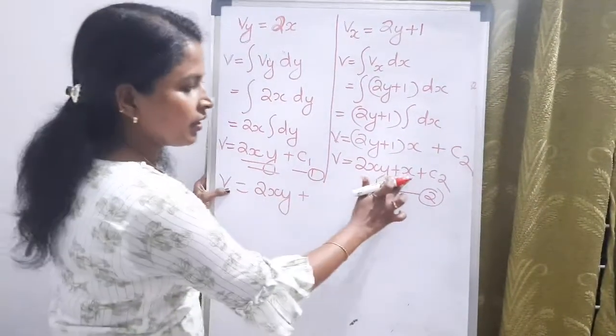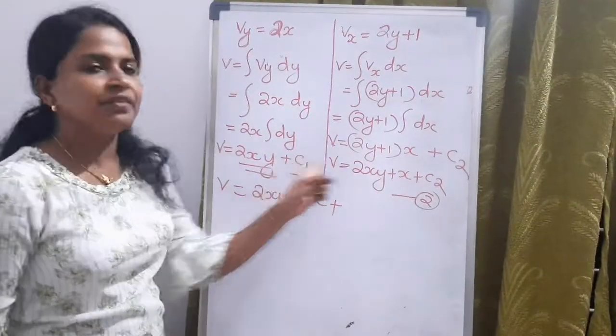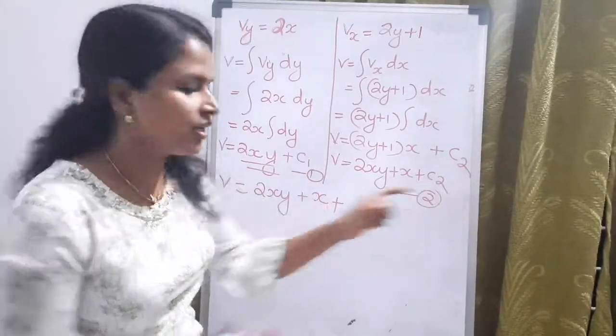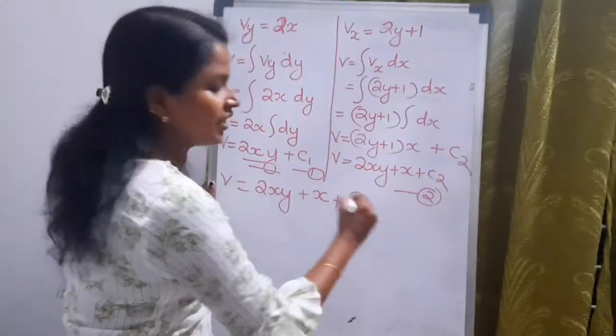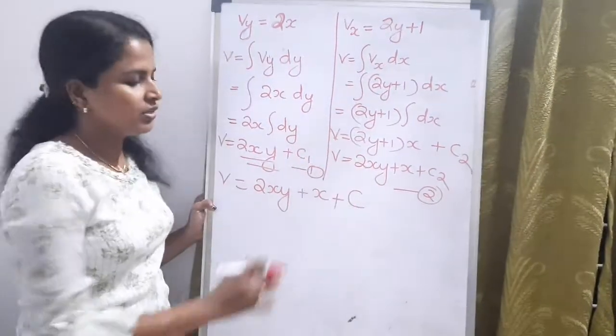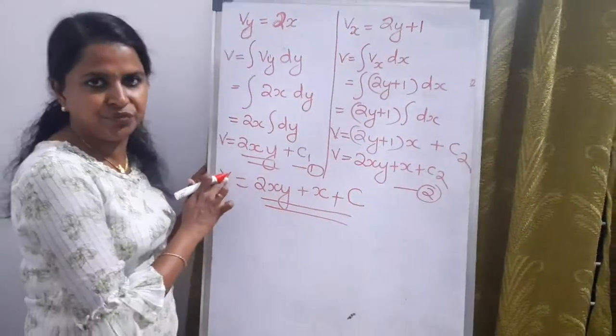Plus x. Then c1 plus c2. c1 is a constant, c2 is a constant. So we write the constant c. The sum of c1 plus c2 is another constant. So write c. Okay, this is the harmonic conjugate of u.